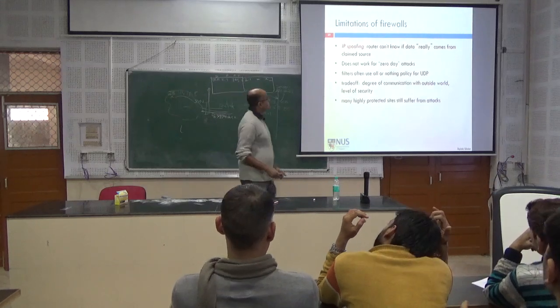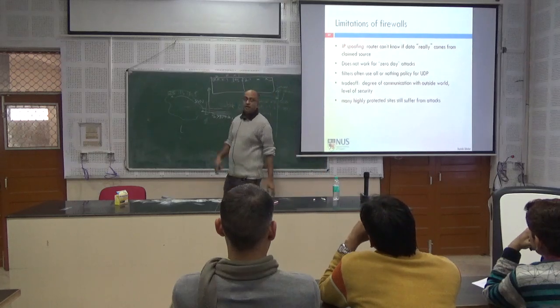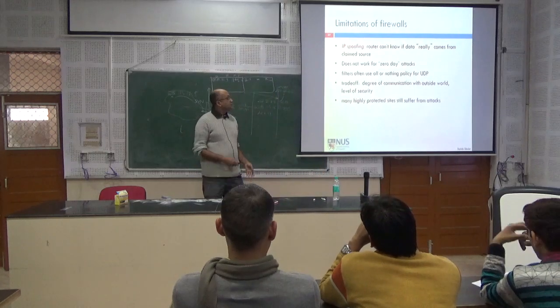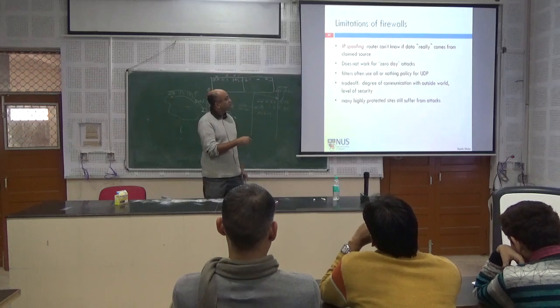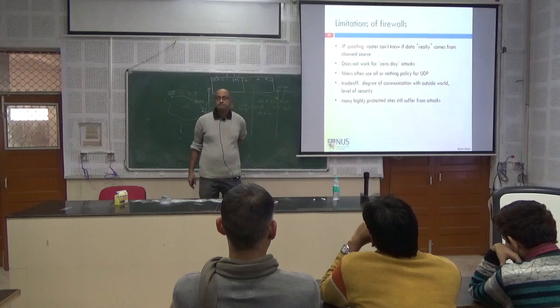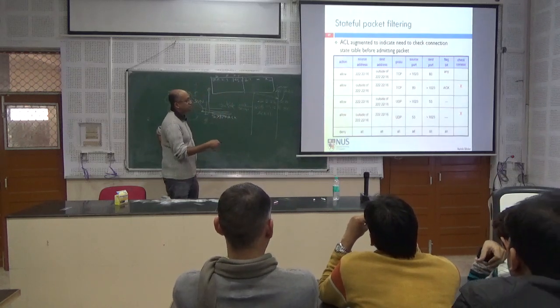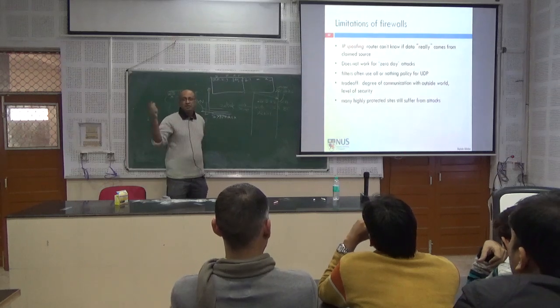One of the limitations of firewalls is that you are checking all these IP addresses and so on. Sometimes you don't know if it really comes from this. I can always spoof IP addresses. So if you have a table which is based on these IP addresses and so on, sometimes I can just pretend.